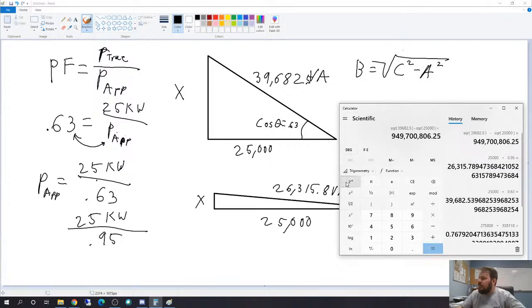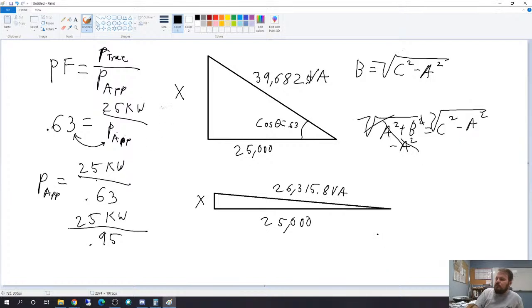So we got that. Then we're going to take the square root of that, and that gives us 30,817.2.